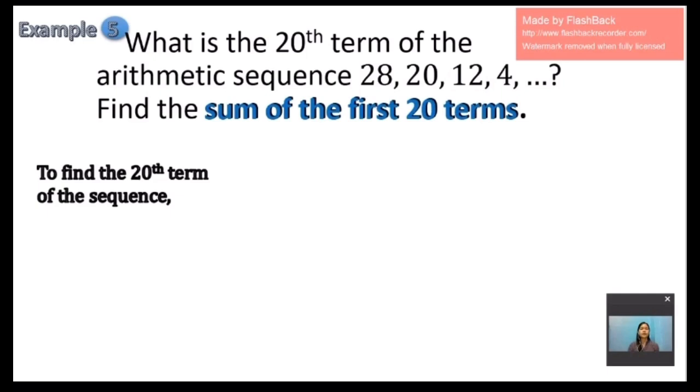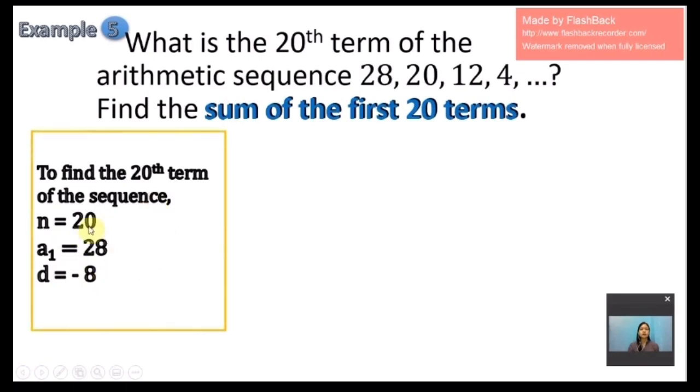So to find the 20th term of the sequence, we'll first write the given: n is 20, a sub 1 is 28, the first term, d is negative 8, since 20 minus 28 is negative 8, 12 minus 20 is negative 8, 4 minus 12 is also negative 8. This is the common difference.